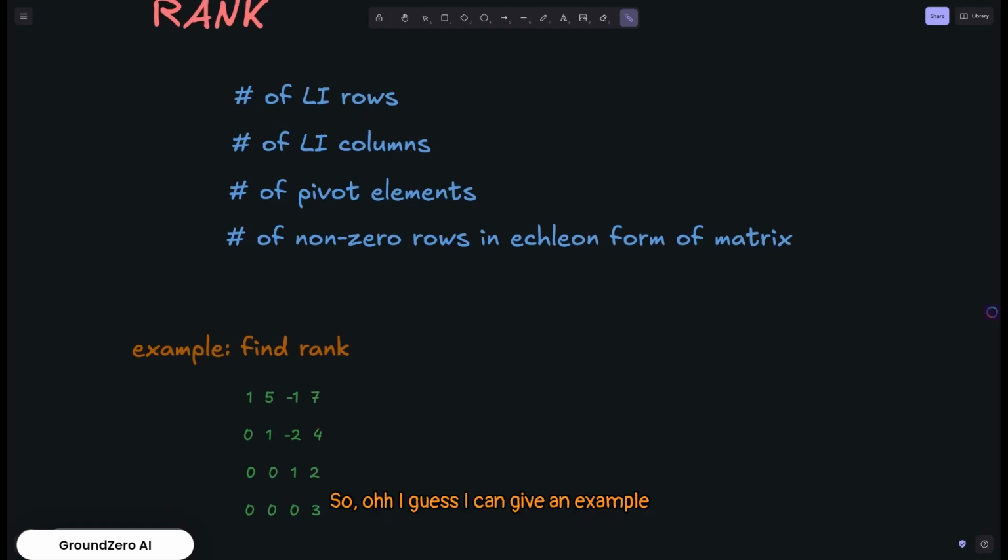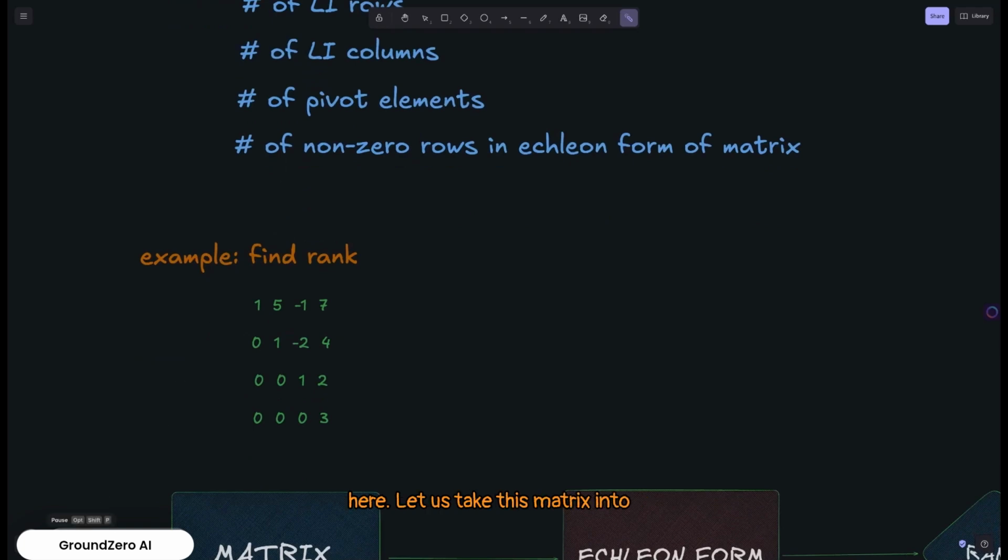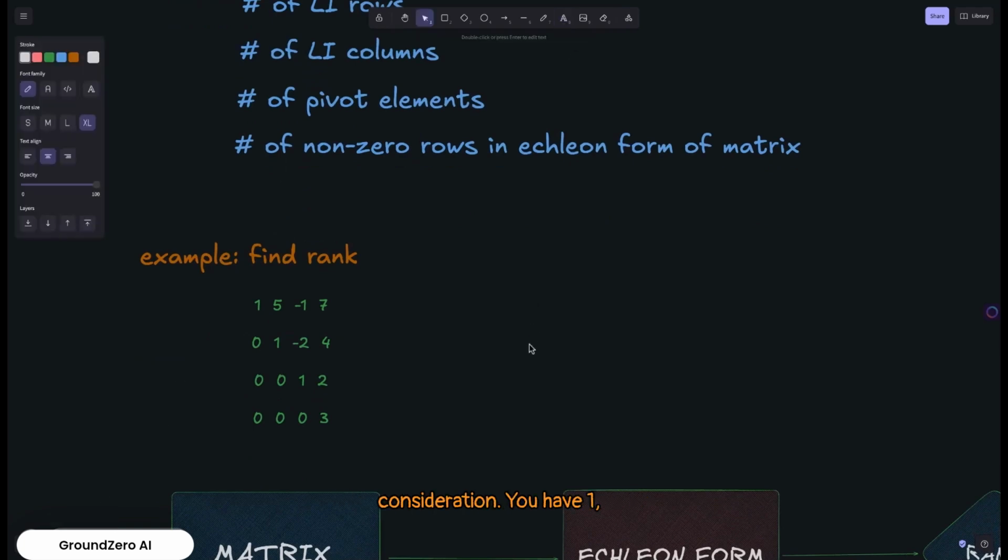I guess I can give you an example here. Let's take this matrix into consideration. You have 1, 2, 3, 2, 4, 6. You have again 1, 2, 3, right?